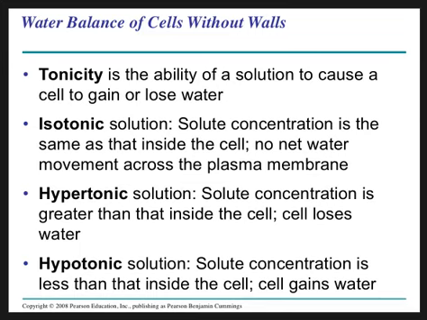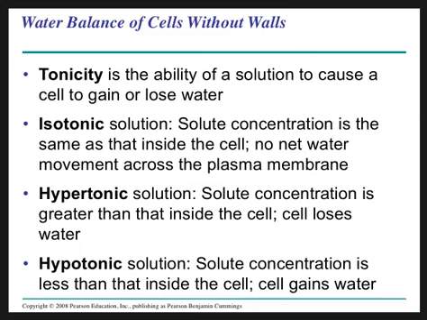What that means is I have a greater water concentration inside the cell, and because I want to dilute out that glucose outside, I'm going to have water leave the cell. The cell will lose the water. So if I put a cell into a hypertonic solution, the cell is going to lose water.